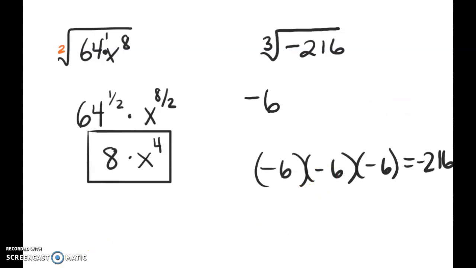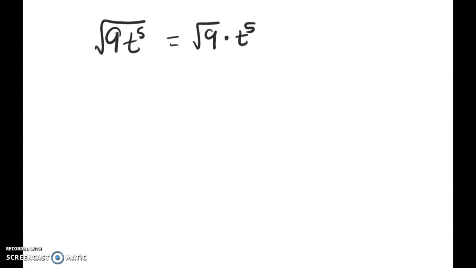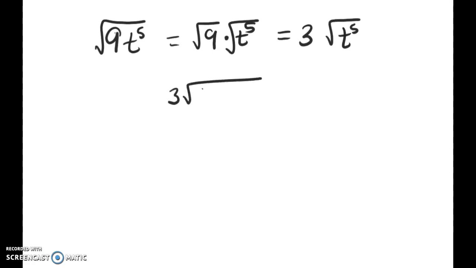Let's look at some more that we would have to simplify. Let's say I have the square root of 9t to the 5th. I could break this apart: it's the square root of 9 times the square root of t to the 5th. That becomes 3 times this. And then t to the 5th, I'm going to show you both ways again. t to the 5th means t times itself 5 times.